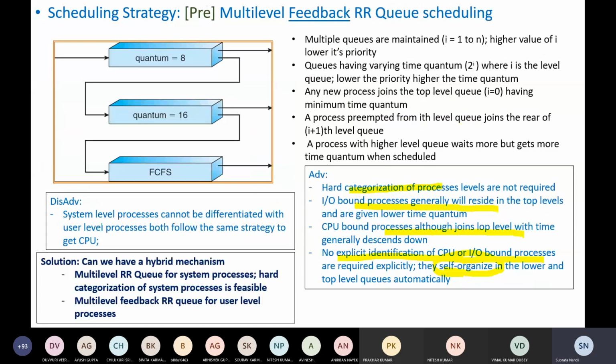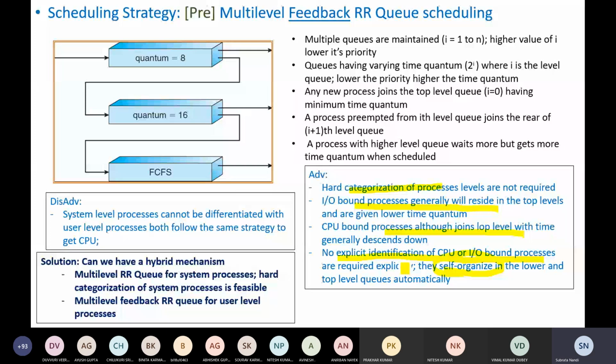But here you overcome that problem, and many of these advantages you have got, but you include the system level processes along with the user level processes together. You don't differentiate between them, and that can sometimes be undesirable, because the system processes as a whole should enjoy much higher priority compared to any user level process whatsoever.